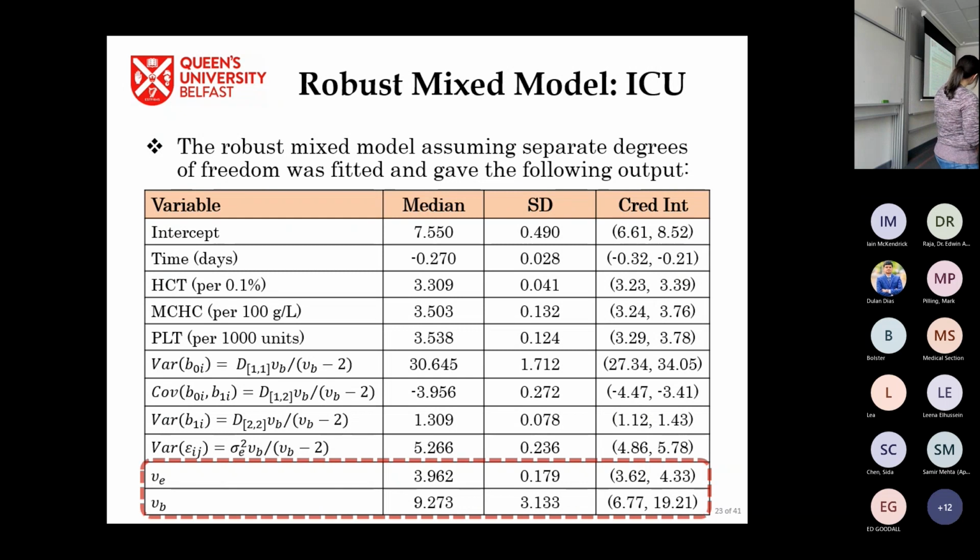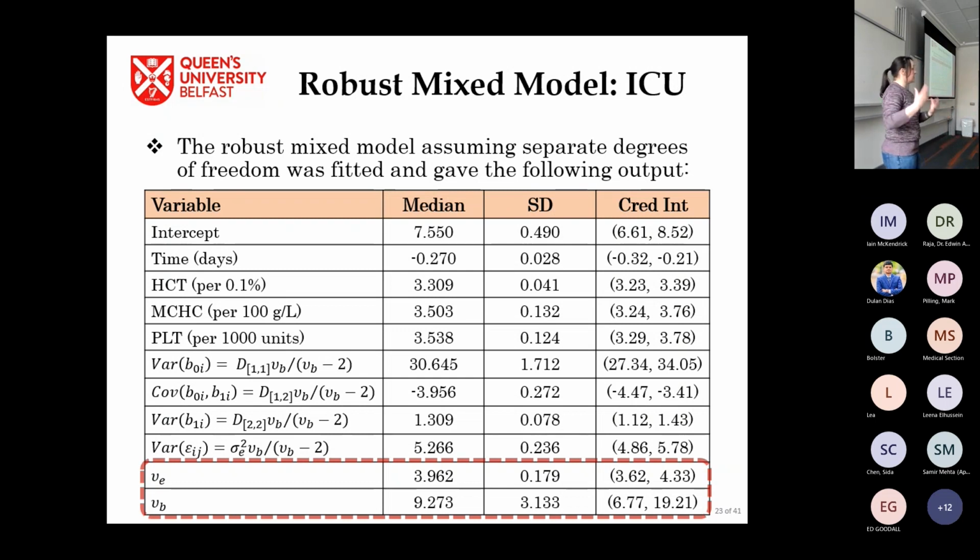What we can see within this, for the albumin analysis, is that both of the medians from the posterior of the two new parameters are different than 30, they're a lot less. So it's 3.94 and 9 respectively.